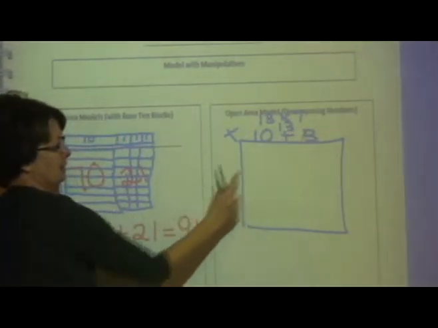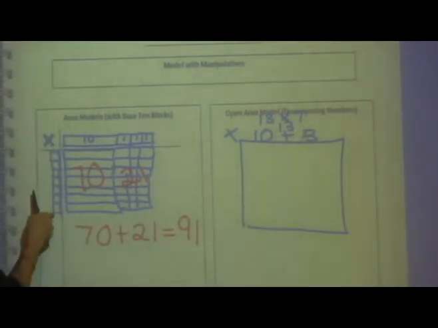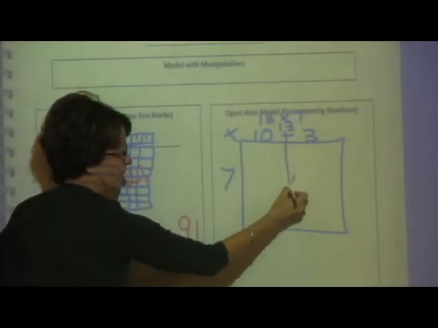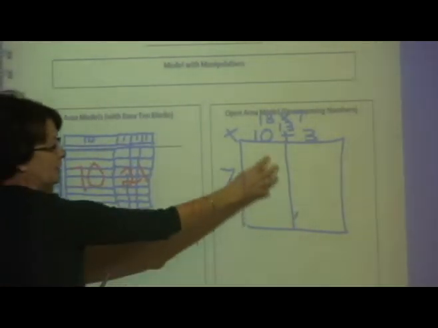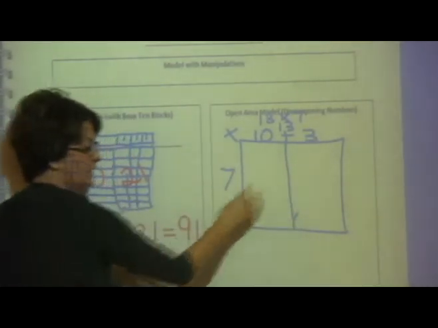So 13 is 10 plus 3. And my factor over here was a 7. And then we're going to explain to the children, wherever you see a plus sign, draw a line. So our tens are going to be recorded here, and our ones will be recorded here.